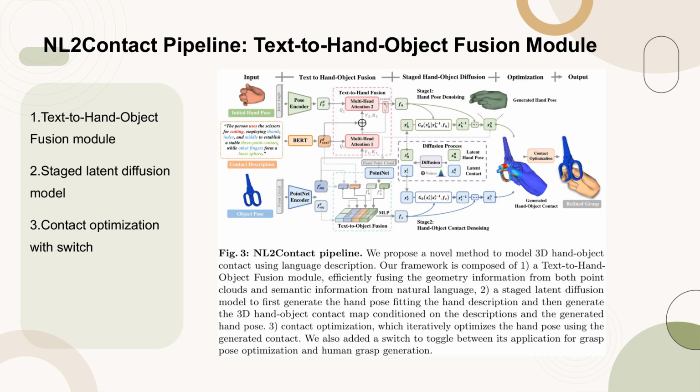The framework consists of three main components: the text-to-hand-object fusion module, which efficiently fuses geometry information from point clouds and semantic information from natural language; a staged latent diffusion model that first generates the hand pose fitting the hand description and then generates the 3D hand-object contact map conditioned on the descriptions and the generated hand pose; and contact optimization, which iteratively optimizes the hand pose using the generated contact. Additionally, a switch is included to toggle between applications for grasp pose optimization and human grasp generation.